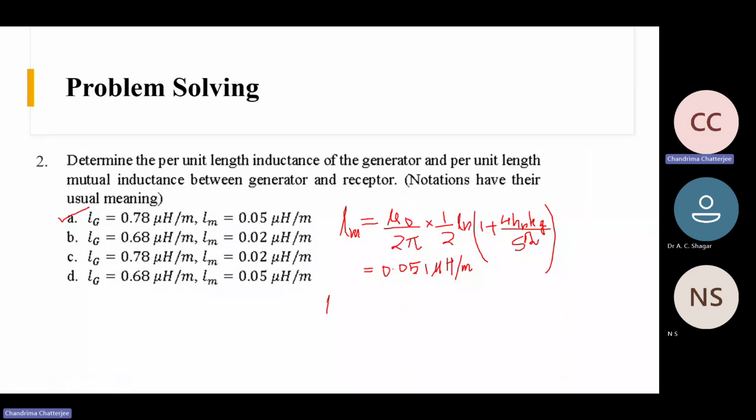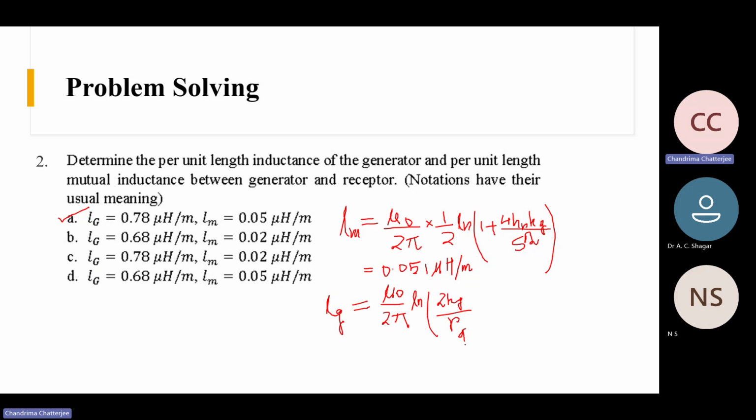LG expression we wrote. So LG was equal to mu naught by 2 pi ln 2hg by rg.